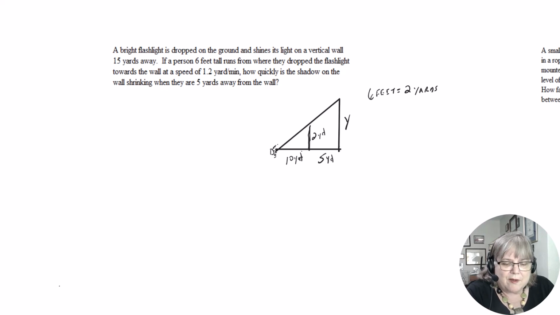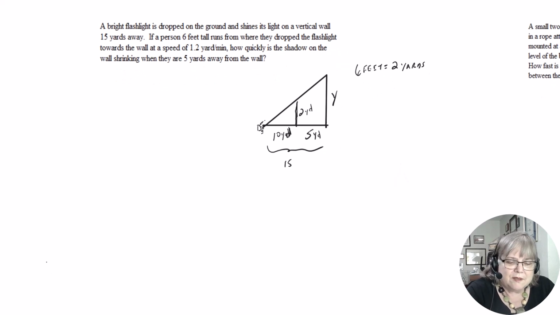Now, I want to talk about this for just a second. The total distance from here to here is 15. So if this was 4 yards instead of 5, this would be 11 on this side of that vertical line. If this was 6 yards on this side, this would be 9 on that side.